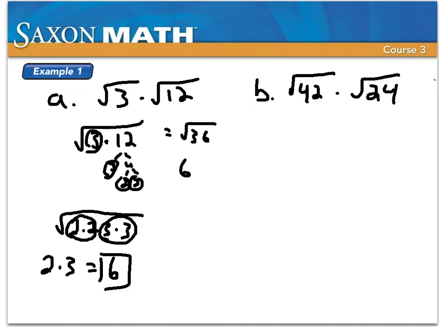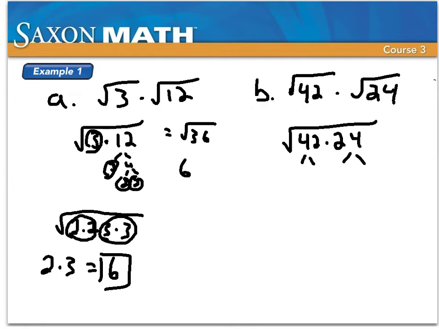Now, for this one, we're going to again multiply these together to start with. So I'm going to take the square root of 42 times 24. Now on this method, since these are such big numbers, it's probably going to be best for us to use the factor tree method to simplify these. So I'm going to break apart 42 and 24.